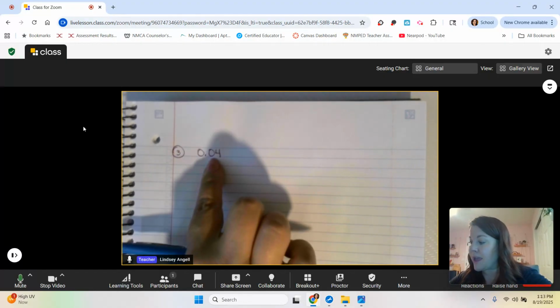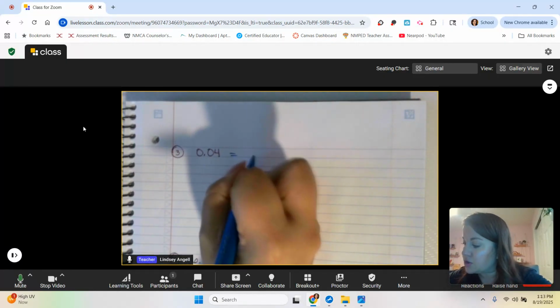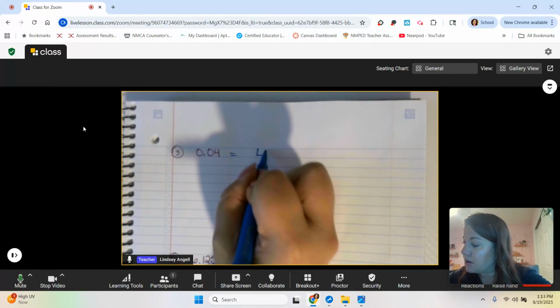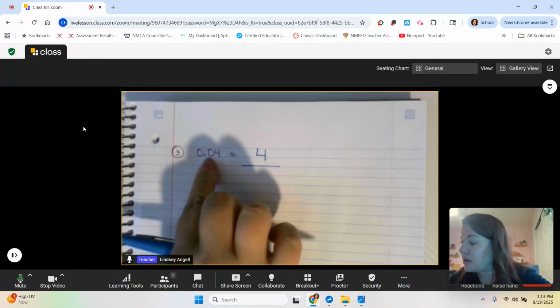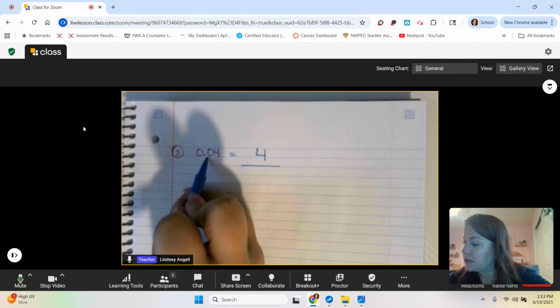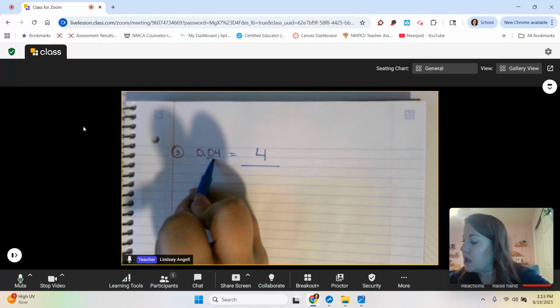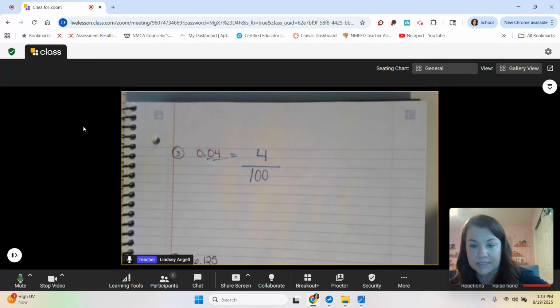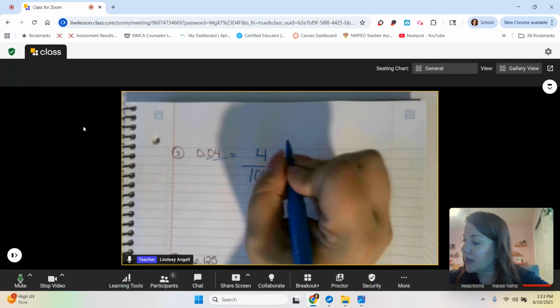Now I have 4 hundredths. Remember, this number goes in my numerator, and the place value it goes to is my denominator. It went all the way to tenths, hundredths, so that's what I'm going to write as my denominator, and reduce it.